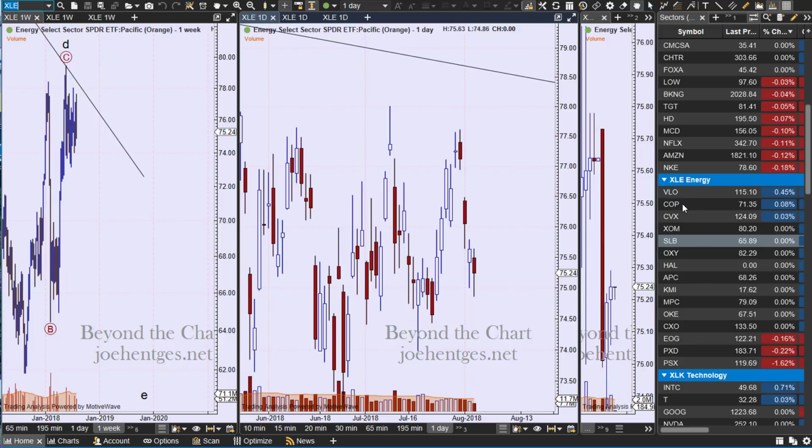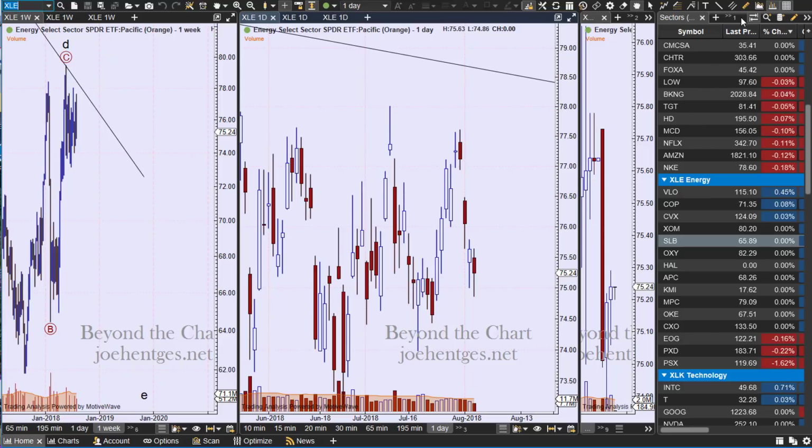Valero, ConocoPhillips, Chevron, ExxonMobil, Schlumberger, Occidental Petroleum, Halliburton, Anadarko Petroleum, Kinder Morgan, Marathon Petroleum, ONEOK, Concho Resources, I think it is, EOG Resources, Pioneer Natural Resources, and then Phillips 66. Right now, the insiders in the membership that I've got, we've got a position on Schlumberger.